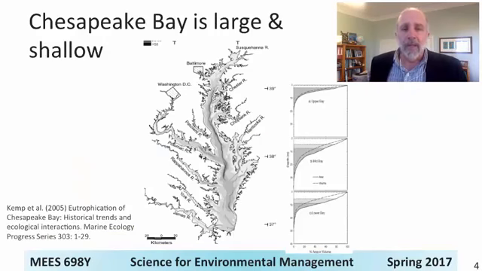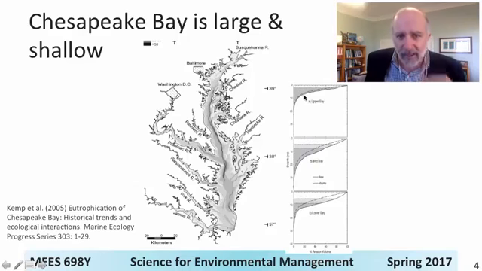And just to get an appreciation for the depth, there are these depth profiles for the upper, middle, and lower bay. What you see here is that the upper bay is largely less than a couple meters deep. This is depth here, and this is the amount of area or volume at those depths.